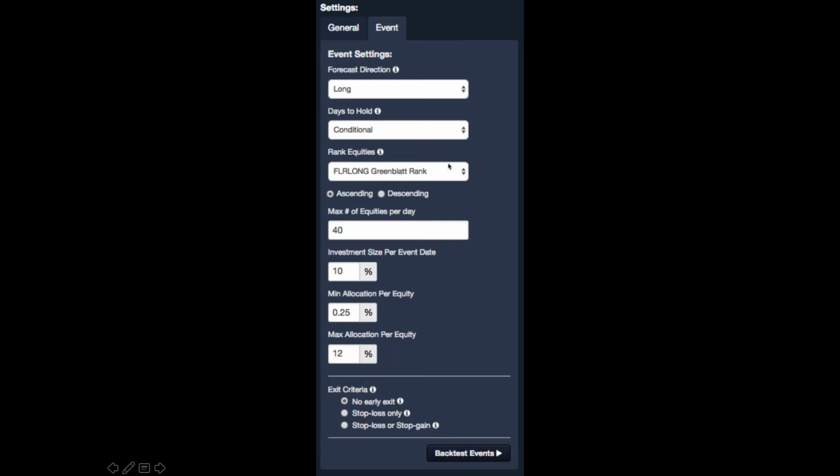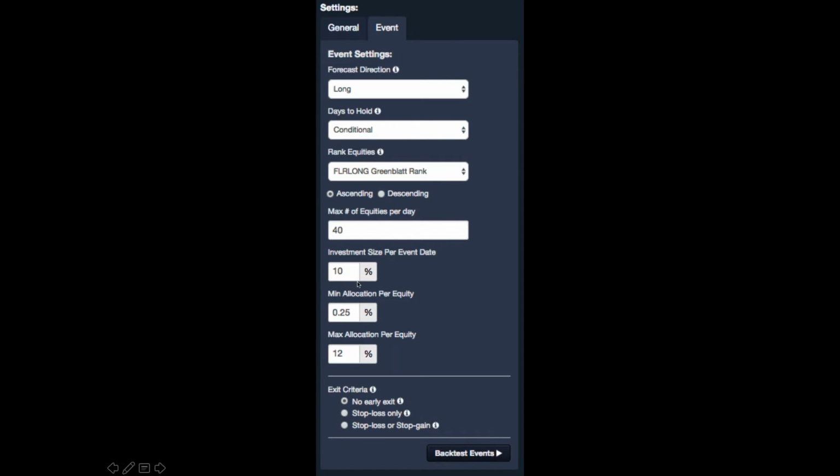Now, let's suppose we had a large number of stocks passing that test on one day, and we can't add all of them to the portfolio at once. How are we going to rank them and choose which ones to use? You select one of the factors here that you want to use for that ranking. A couple other parameters here. How many equities might you add per day?